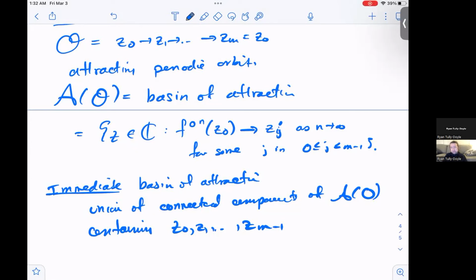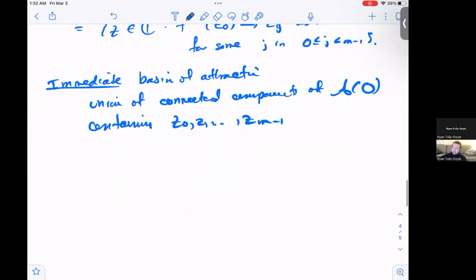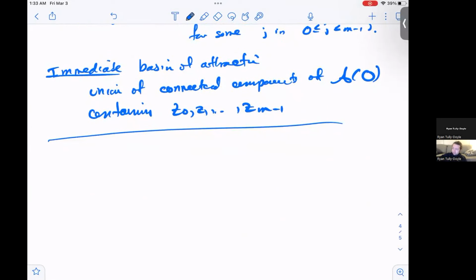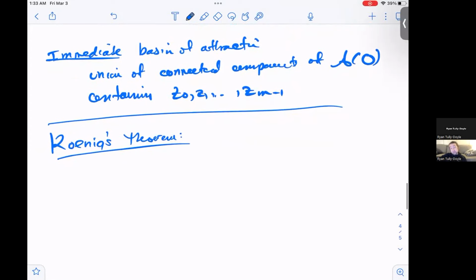And the last thing that I'll mention here, because it links up with conformal maps, is that part of the reason why these theorems are so strong is because conformally, locally, these maps are linear, at least conformally. So this is a powerful theorem called Koenig's theorem. I invite you to read this. I'm going to state it here, and then we can talk about it when I get back.